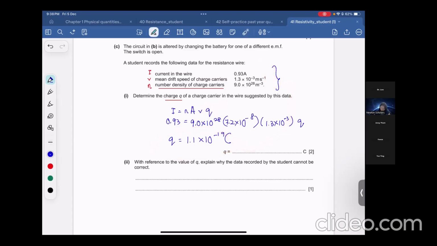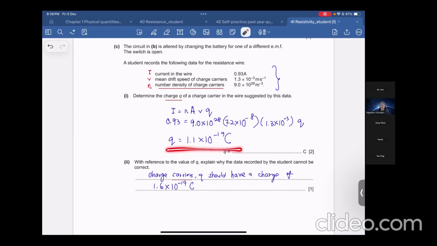Okay, so here the charge carrier Q should have a charge of 1.6 times 10 power of negative 19 C. So because of this, I understand this answer is not a good answer.